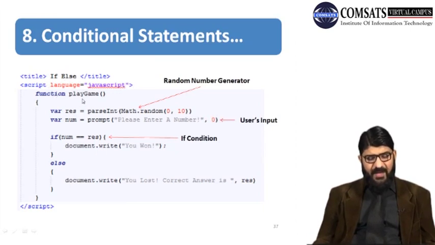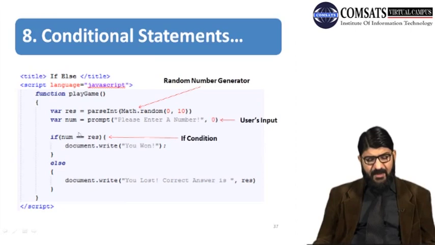So function playGame is presented, and now the variable res is given, and then parseInt, and then the math.random function is given. It will generate a random number from 0 to 10, and then a prompt function from the user is taken. Please enter a number, and the user input will be given.